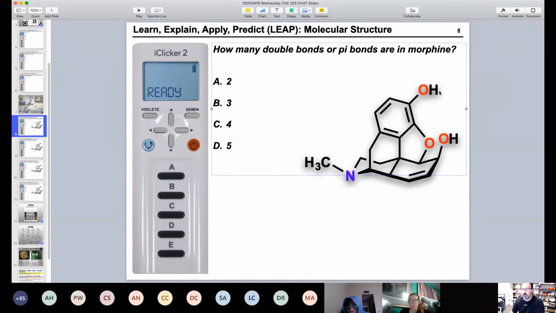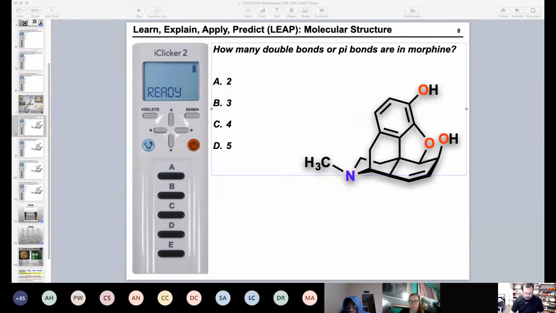That's called an alcohol. So we have one type of alcohol here, and then we have another type of alcohol there. So an alkene, in the chat here, an alkene is a CC double bond.